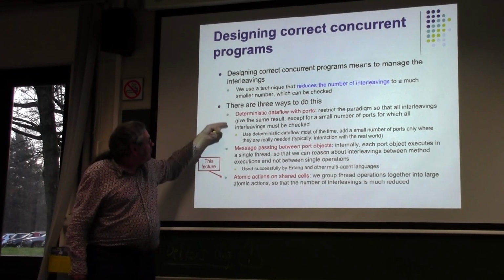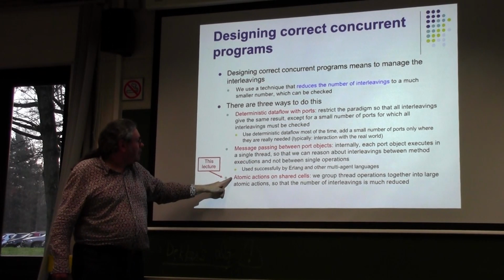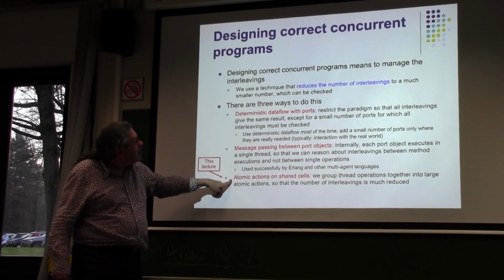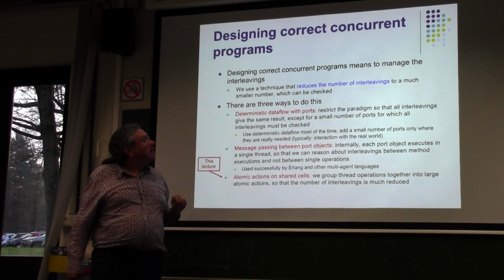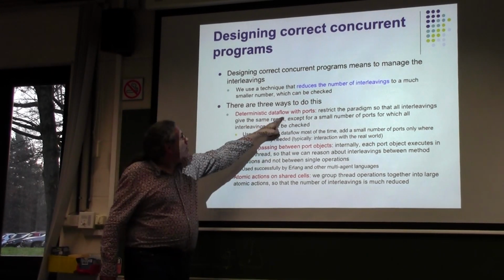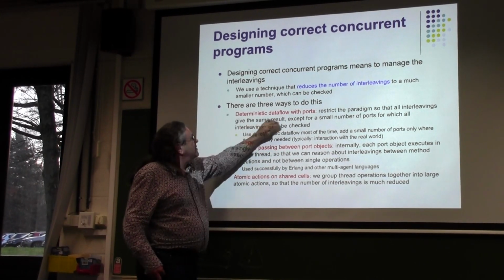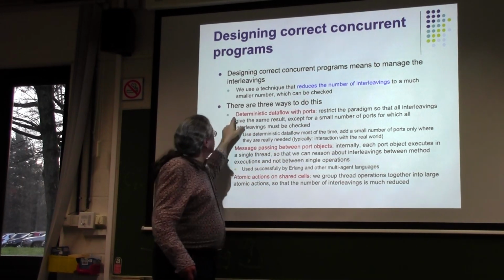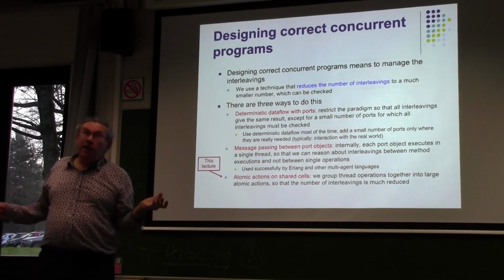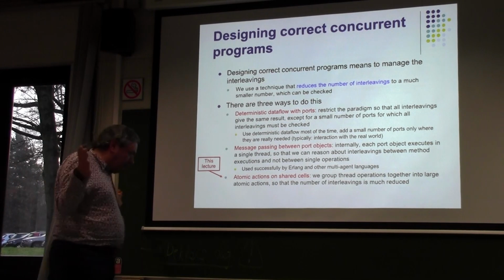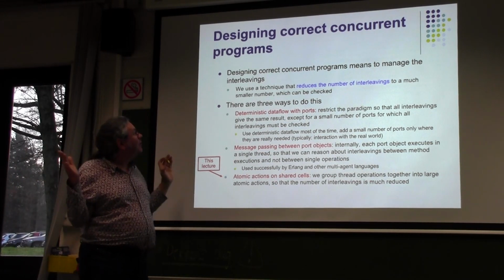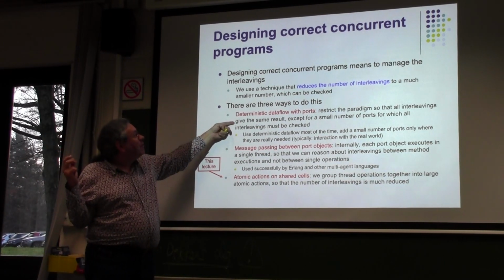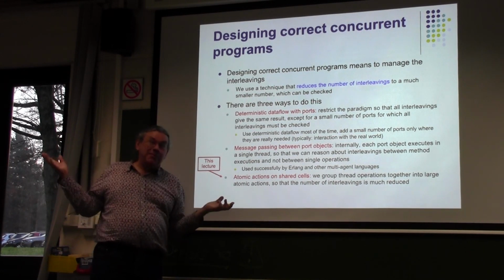In the three paradigms, the two we saw before and the one we see today, this is always the technique we use. Deterministic data flow is somehow the best, without ports, because all interleavings give the same result. So the interleavings have no more effect. It's like there are no interleavings. That is, of course, the best.